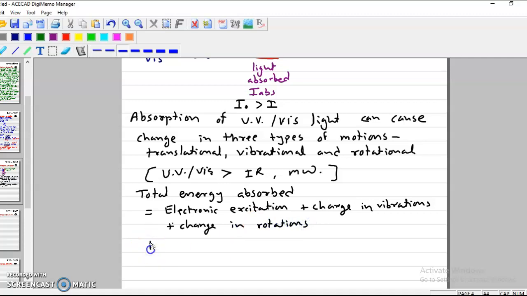So total energy E is equal to E electronic, that will cause mainly due to UV visible absorption. Along with that, we will see vibrations as well as rotations.